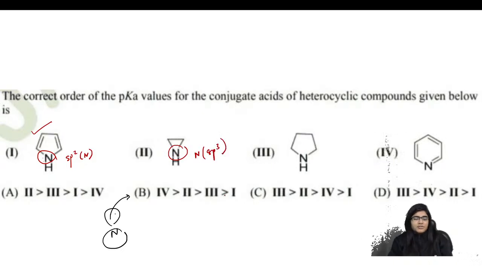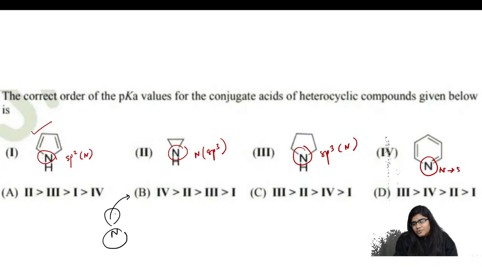In the third, nitrogen is again sp3 hybridized. Over here nitrogen is sp2 hybridized. Now we have two compounds with sp3 hybridized nitrogen and two compounds with sp2 hybridized nitrogen.